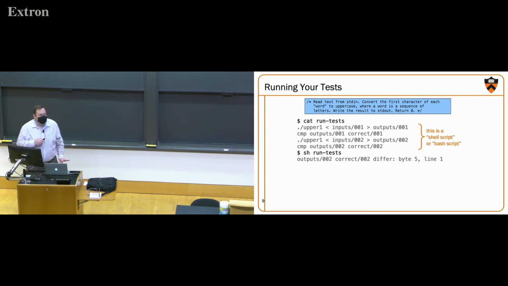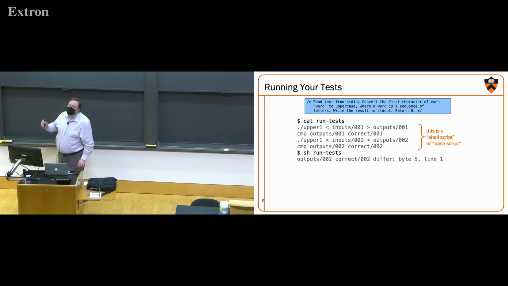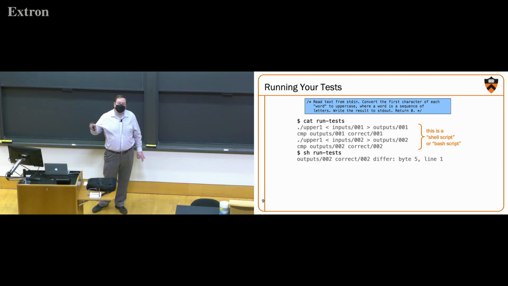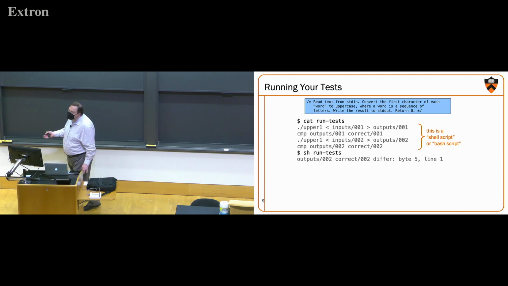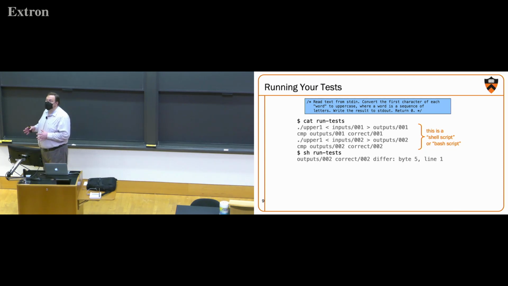And notice what it does. It runs the program on a particular input, saves the output, and then runs a command, cmp, to compare the actual output to the expected output. And so when you run this shell script, no news is good news, right?